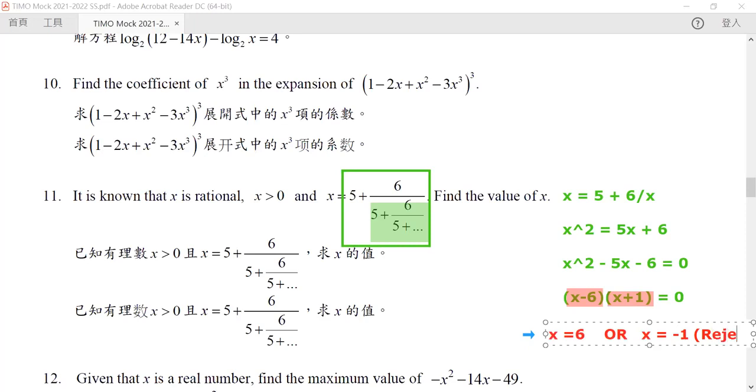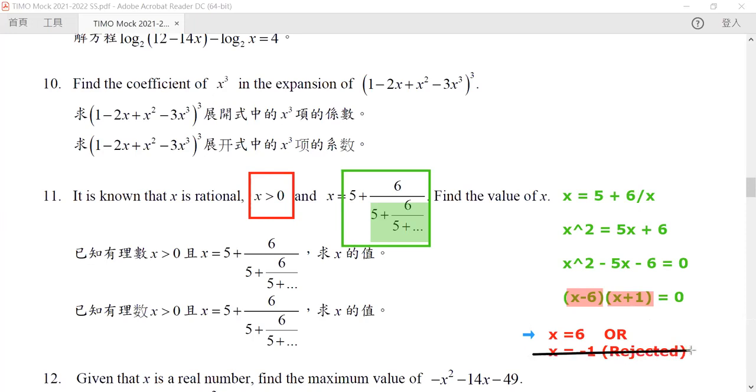Because we already know from the question that x is greater than 0. So it cannot be equal to -1. So this one is rejected, and hence we have our answer: x is equal to 6. Okay, this is our question 11.